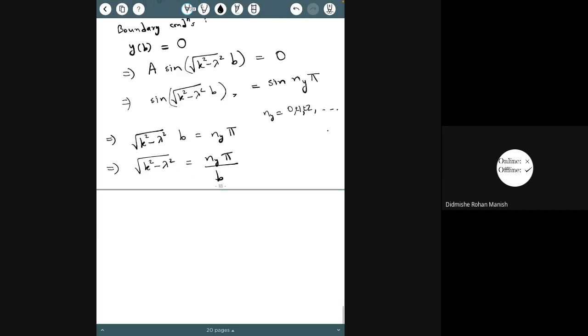Then again we discard n_y equal to 0 and also all negative n_y. Therefore, n_y is equal to 1, 2, 3.